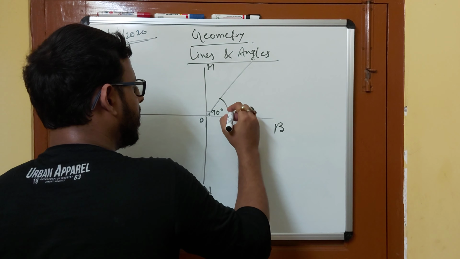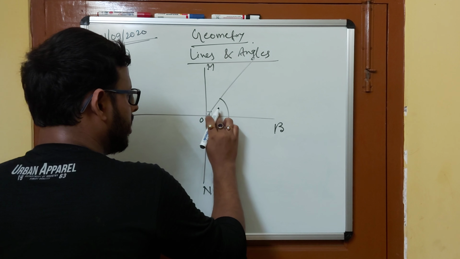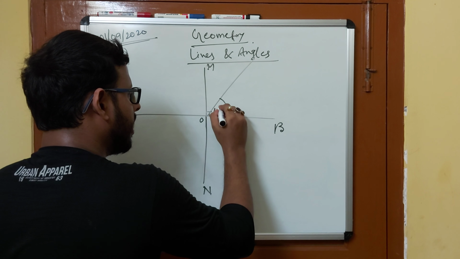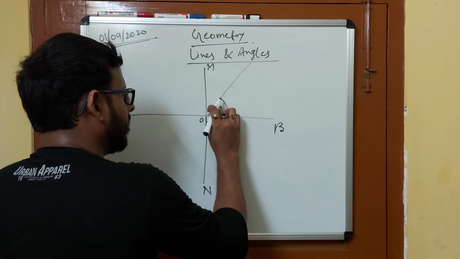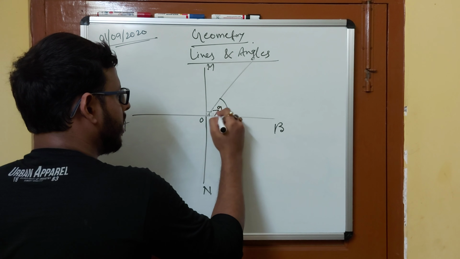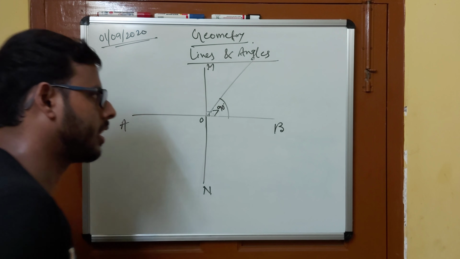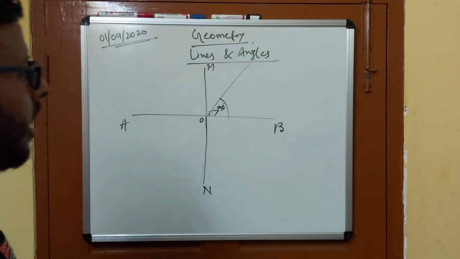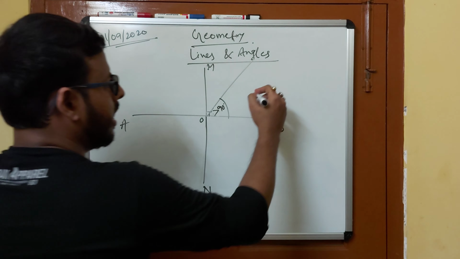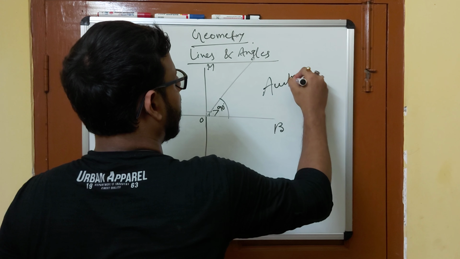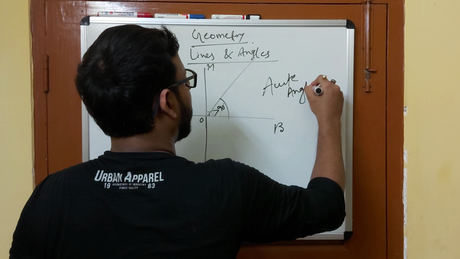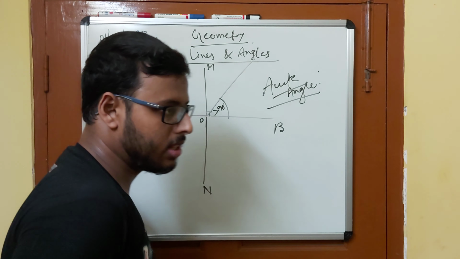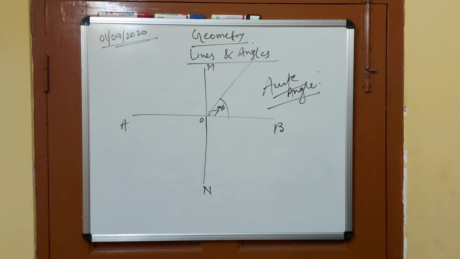This angle will be less than 90 degree. Am I clear? Since this angle is less than 90 degree, hence we call this angle an acute angle.